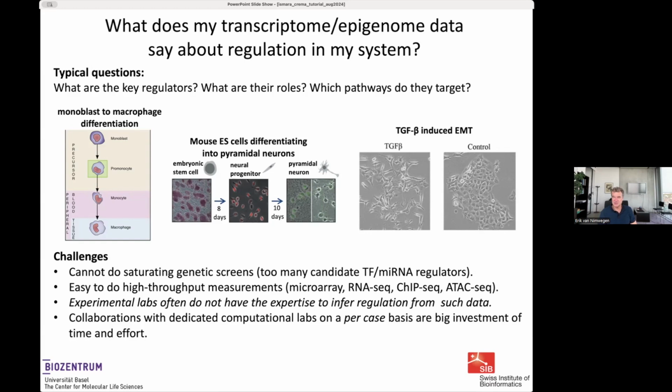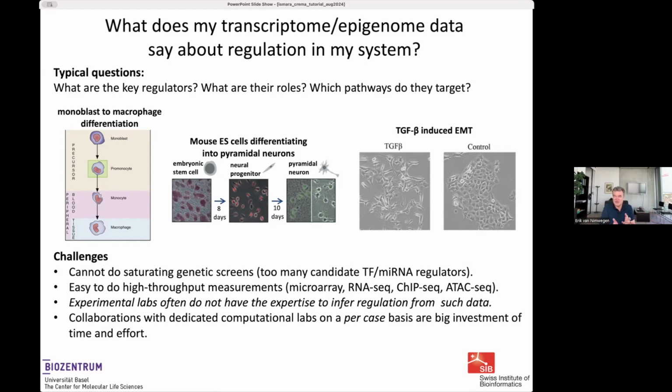And the challenges for experimentalists are that it's hard to do saturating screening because there are so many possible regulators, so many transcription factors, microRNAs that could play a role. You cannot check all of them experimentally. That's hard to do. Now, it's relatively easy to do high throughput measurements like RNA-seq or ChIP-seq or ATAC-seq to measure things genome-wide.